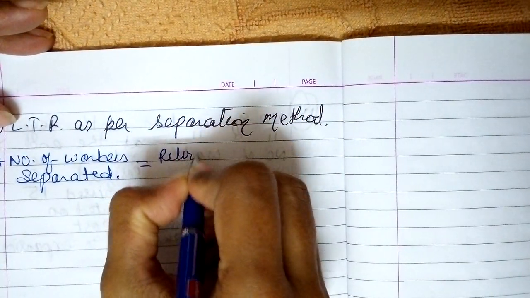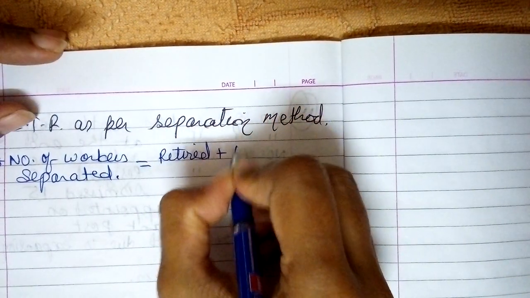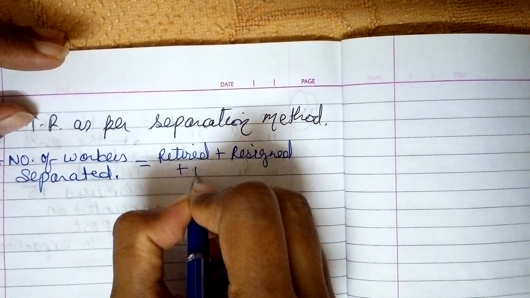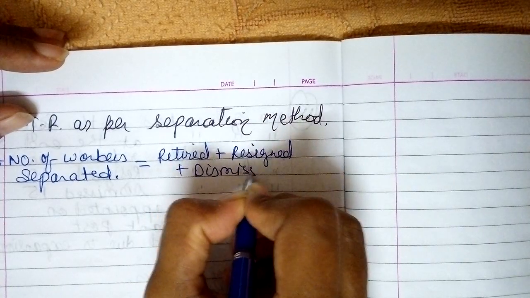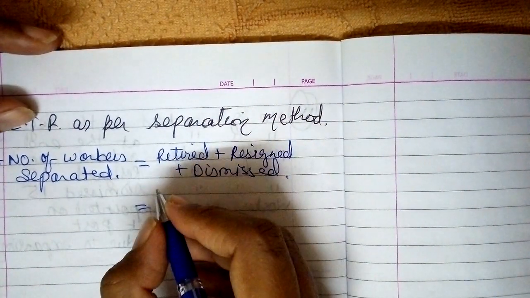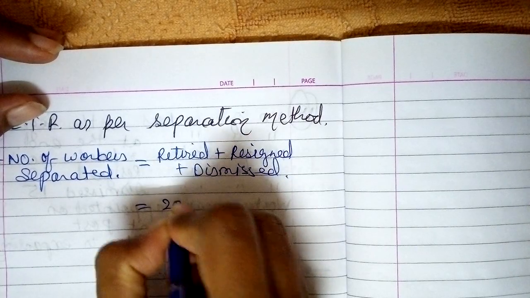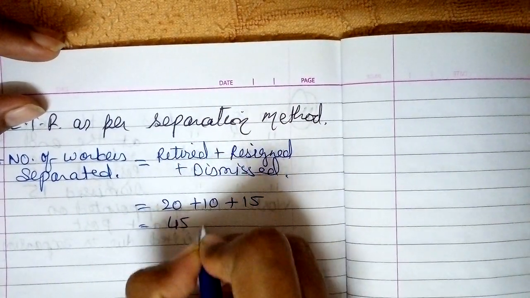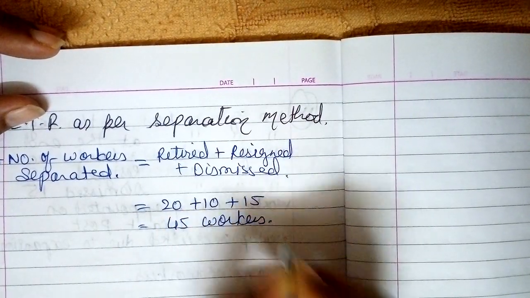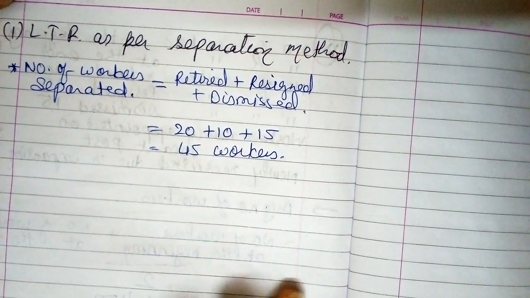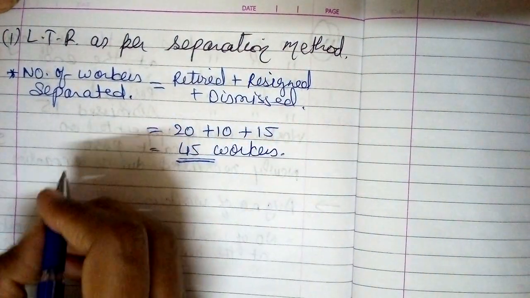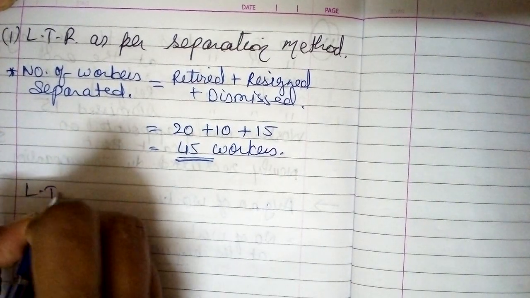So we can write down like this: number of workers retired plus number of workers resigned plus number of workers dismissed. So the separation workers will be 20 plus 10 plus 15. So total 45 workers are separated from the firm. So the number of workers separated we have found out. So now we just need to place the formula.